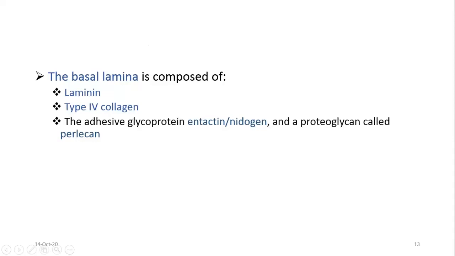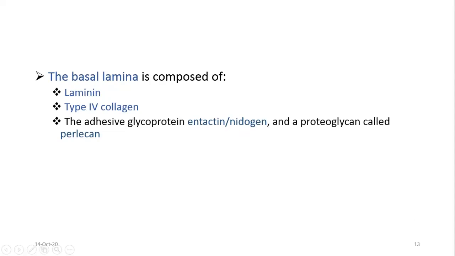The basal lamina is composed of the following proteins: laminin, type IV collagen, and these two, laminin and type IV collagen, are connected together via the adhesive glycoproteins entactin and nidogen, and the proteoglycan called perlecan.